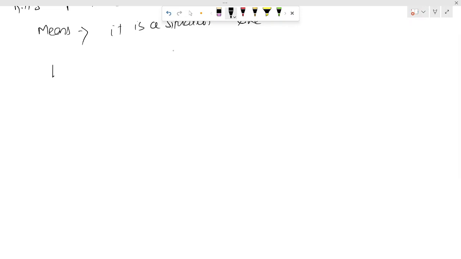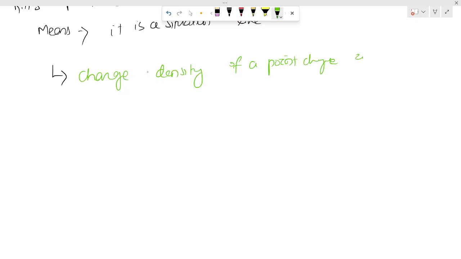So take a situation like this. Let me change the color of the pen. That is the charge density of a point charge in a sphere of radius r.